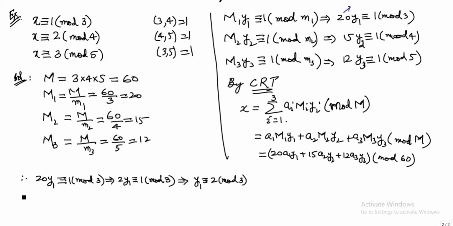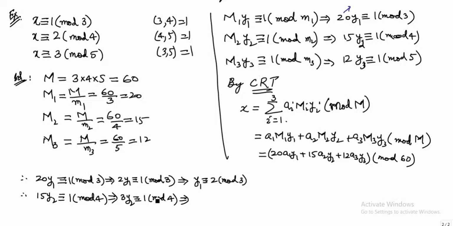Now the second one, which is 15 y2 congruent to 1 modulo 4. So this is 3 y2 congruent to 1 modulo 4 here. The inverse of 3 is 3 in modulo 4.